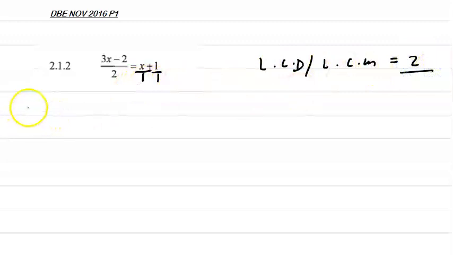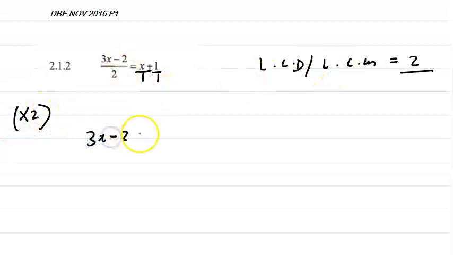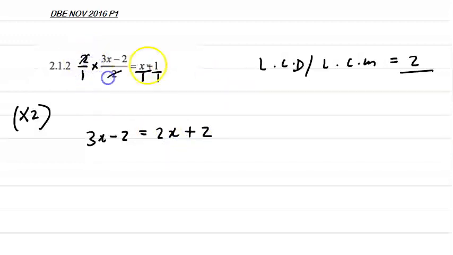Once you do that, you must multiply by your LCM or your LCD. If you multiply across by the LCM, you will get 3x minus 2 equals 2x plus 2. So you're multiplying everything by 2. Remember, 2 over 1 times that, 2 and 2 cancel, x over 1 times 2 is 2x, and 1 over 1 times 2 is 2.